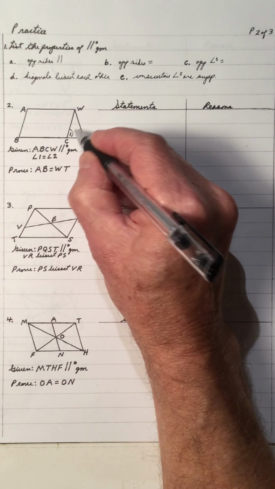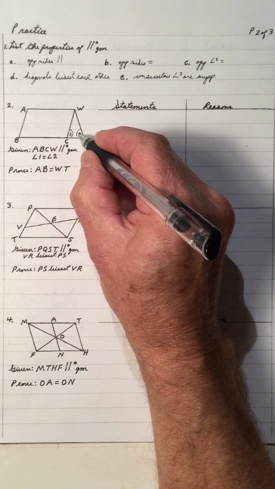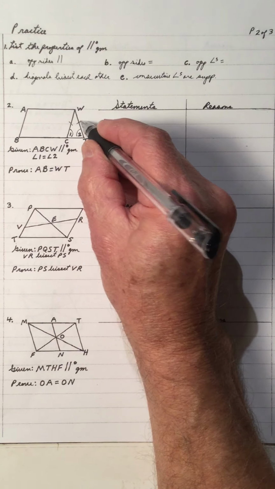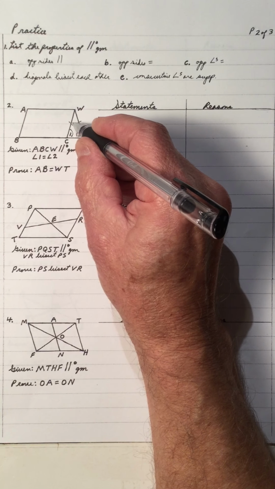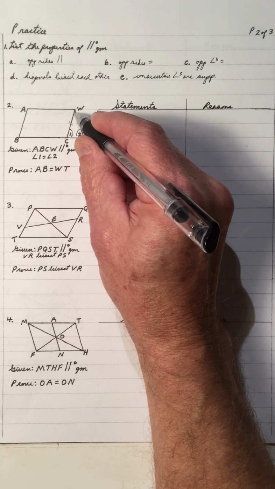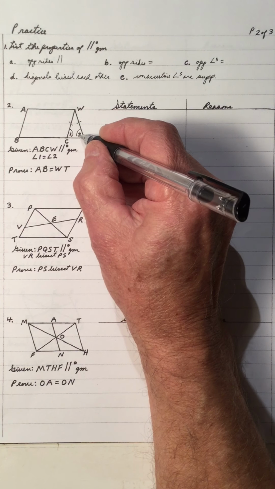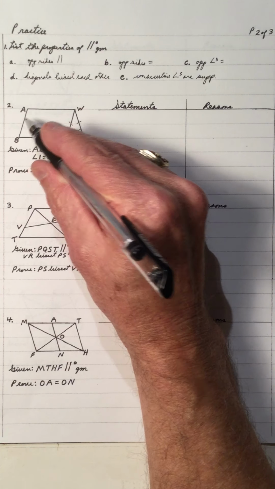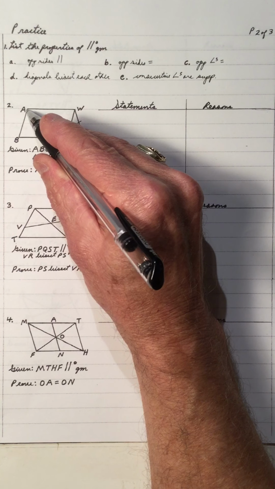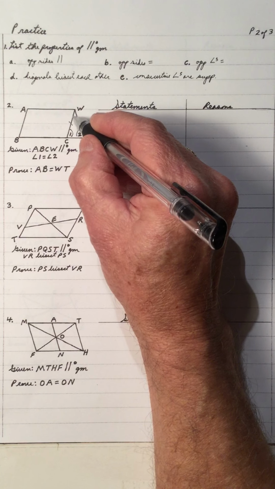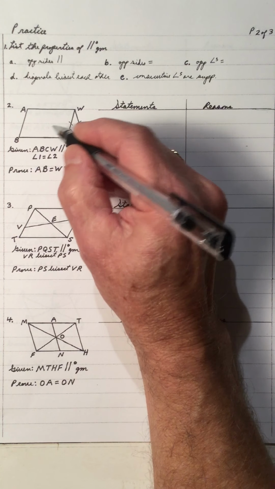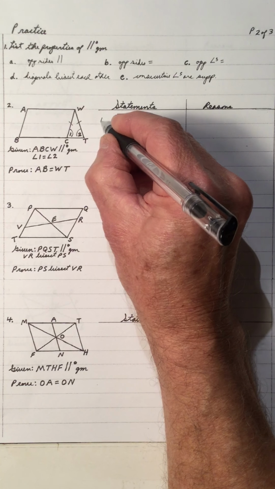Well, if we got 1 equals 2, then WC would equal WT by converse of the isosceles triangle theorem. And now, if I got WC equals WT, and I want AB to equal WT, that means I must get AB equal to WC, and they're the opposite sides of a parallelogram. So, there's my proof. Here we go.